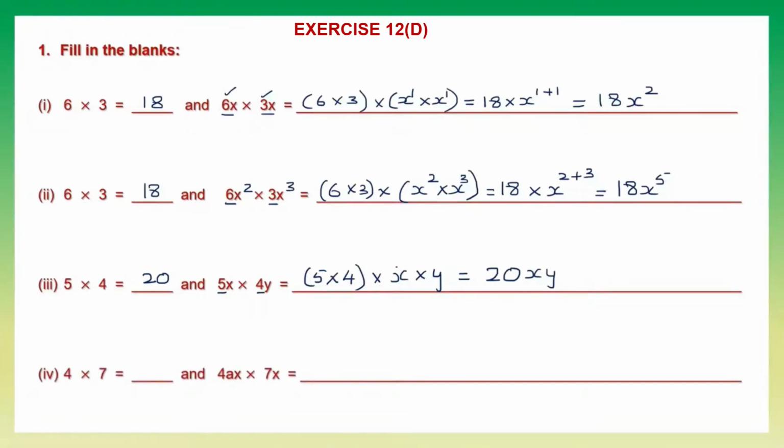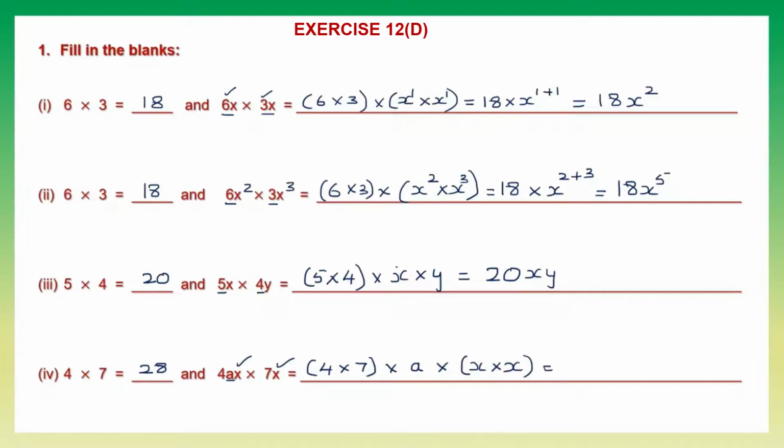Next one. 4 into 7. 4 sevens are 28. And here, let's take the numerical coefficients. 4 into 7 into a. There is only one a, so we'll write a. Into, we have 1x here and 1x there. So that will be x into x.